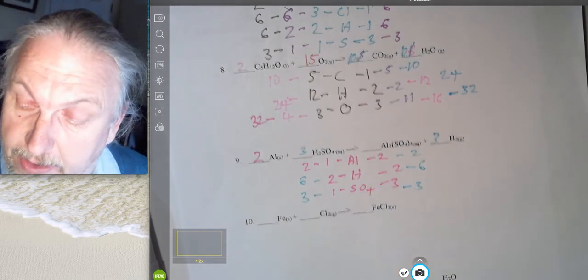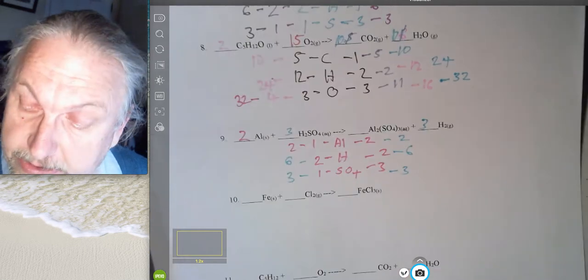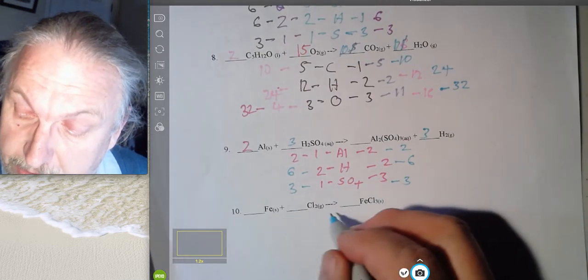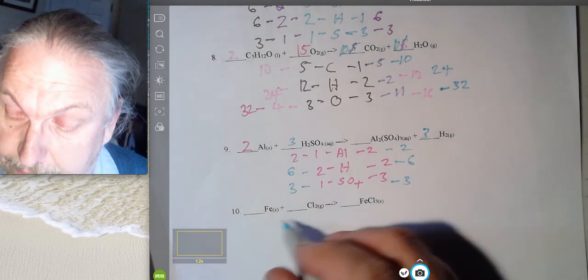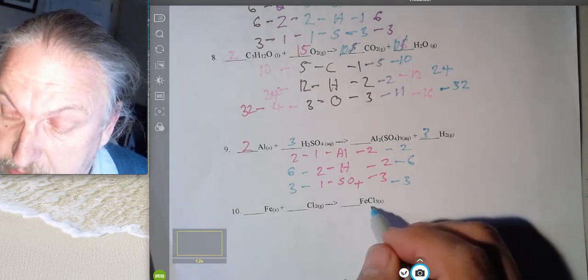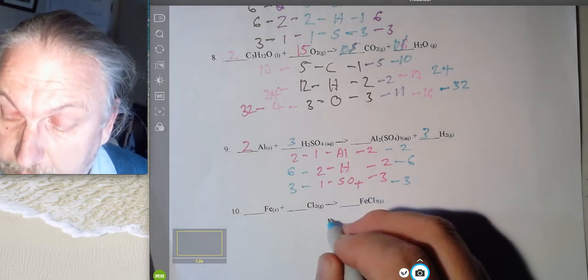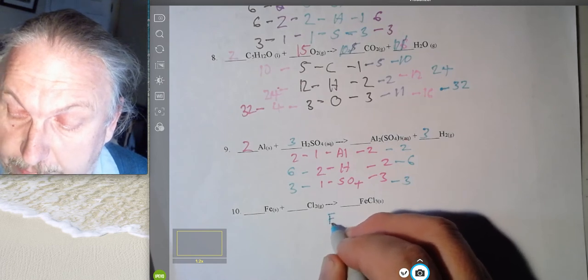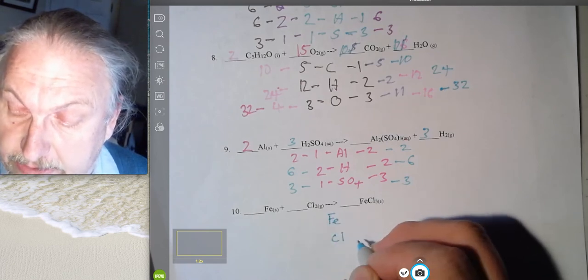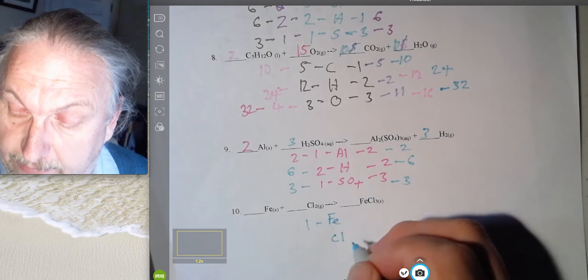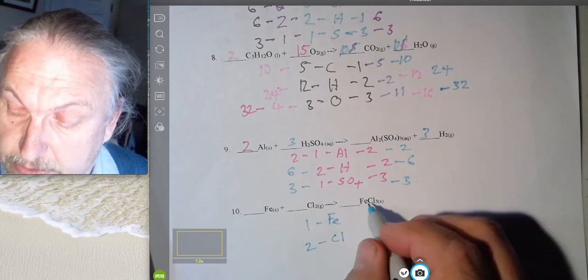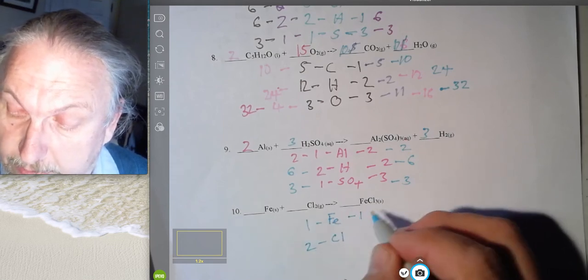We're done. Let's look at number 10. I promised you at least 10. We might get another one in. On this one, I've got iron and chlorine. It's going to give me iron chloride. Again, I've only got 2 elements there, Fe and Cl. Let's get our numbers right. I've got iron, 2 of those. Here I've got 1 iron. That's good.